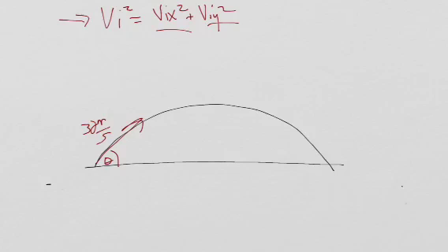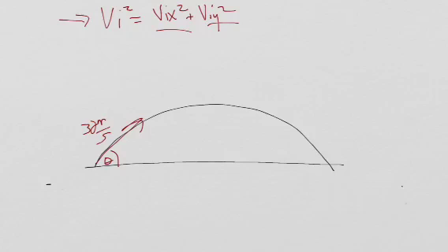And if you're going to calculate the maximum height of this projectile, or the time it takes to reach its height or its range, you cannot just use the combination of the x and y. You have to use either the VIX or the VIY, whichever of these two you're actually working with.